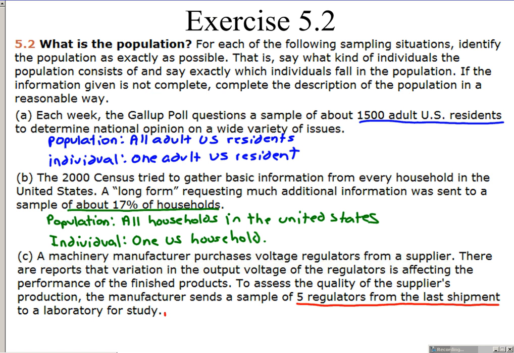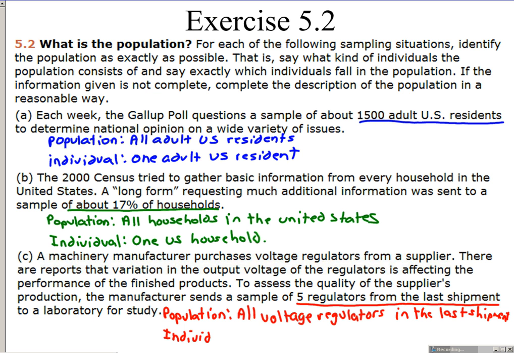So our population is going to be all voltage regulators in the last shipment. An individual member of that population would be one of the voltage regulators.